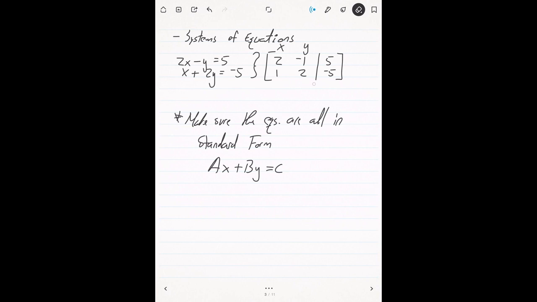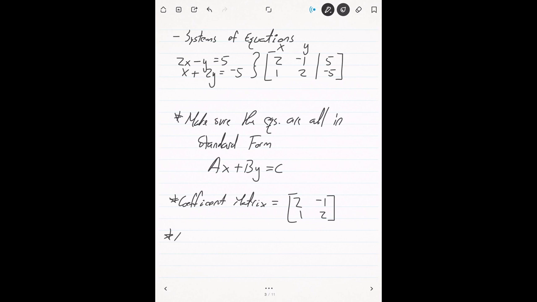The first term is the coefficient matrix, and the other term is the augmented matrix. The coefficient matrix is the matrix made up of the coefficients of the equation. So the coefficients are 2, -1, and 1 and 2. This is the coefficient matrix.